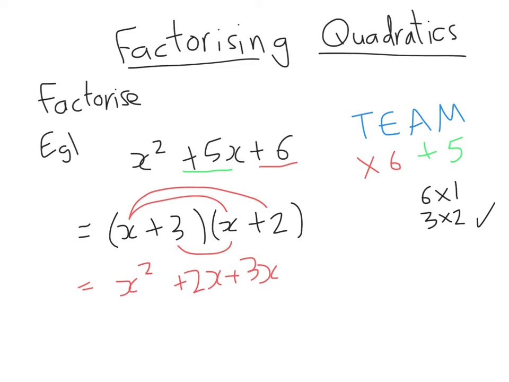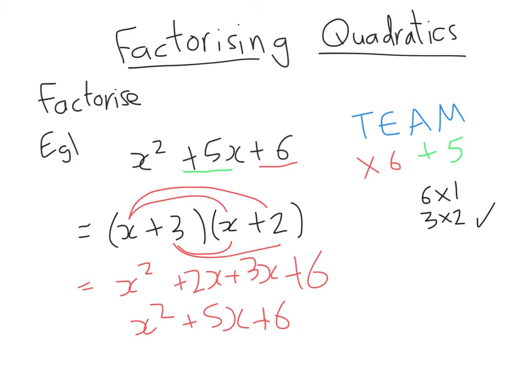And the final term, the 3 times the 2, they multiply together to give 6. And that's where the 6 comes from. And this expression here, when we simplify it, it gives x squared plus 5x plus 6. So we know that our answer here is correct by expanding it out.